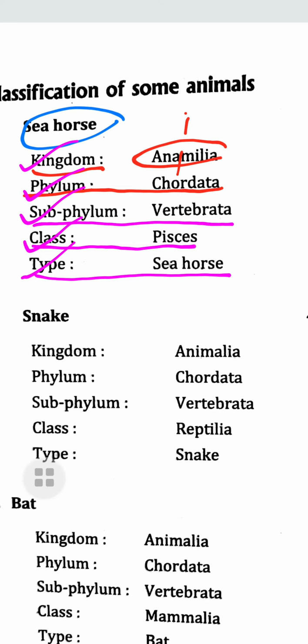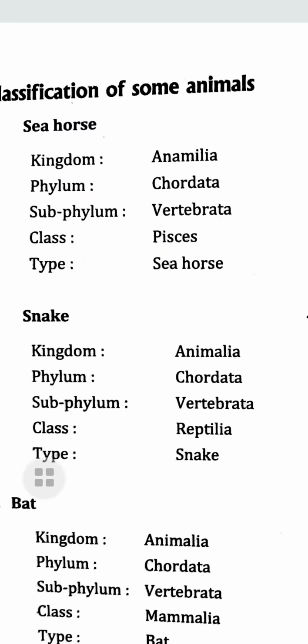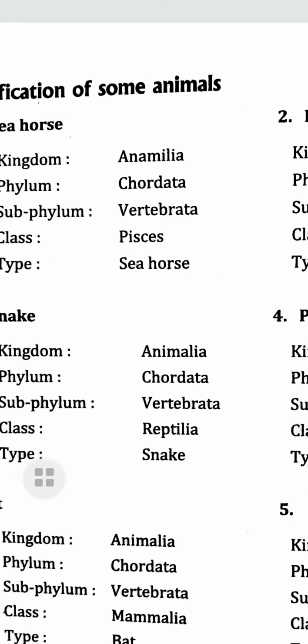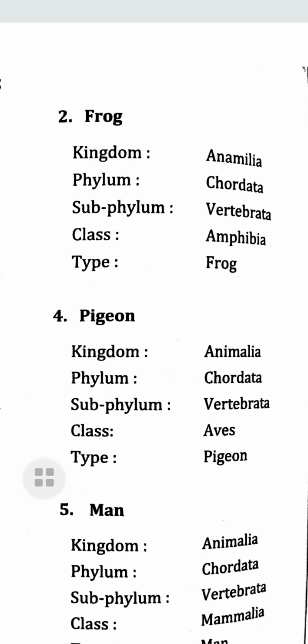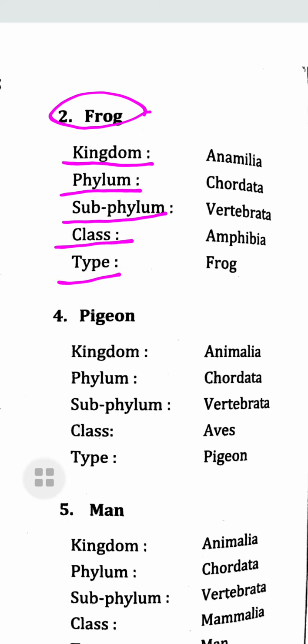Dear students, what is the distinguishing feature of seahorse? It breathes through gills. So shall we discuss now frog? Frog. So in animals we write kingdom, phylum, subphylum, class and type.